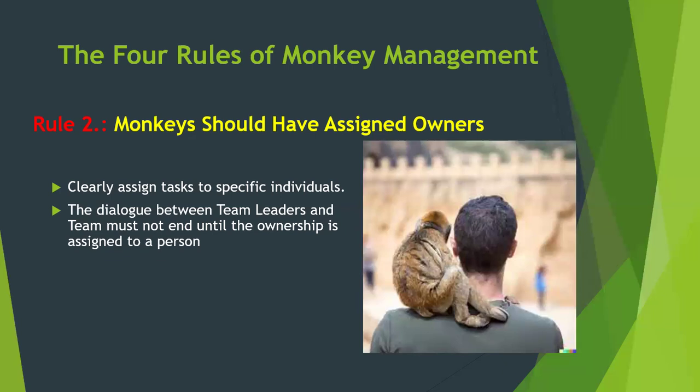Mr. C, you are the one that is going to arrange all the logistics needed for the event. Mr. E, you are going to be our presenter for the event. Make sure you assign every monkey to who will feed them before you close any team meeting. Every monkey must have ownership. In that way, you will not leave anything behind.